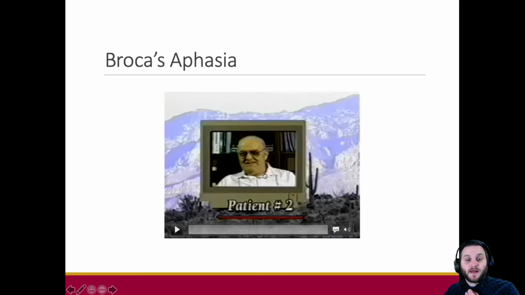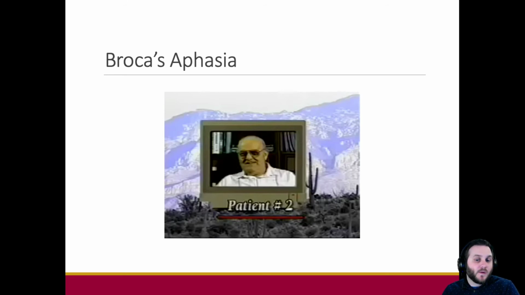This gentleman has severe Broca's aphasia, and replies with the word, we'll call it a word, though it's technically not a word: Tono. If I were to spell it, I would say Tono, as far as I can hear what he's saying.